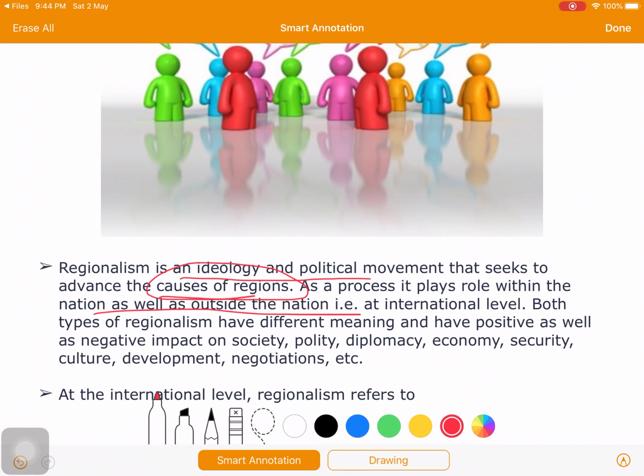Both types, national regionalism and international regionalism, have their own different meanings and have a positive as well as negative impact on society, where it constitutes its own polity, diplomacy, economy, security, culture, development, negotiations, traditions, etc.